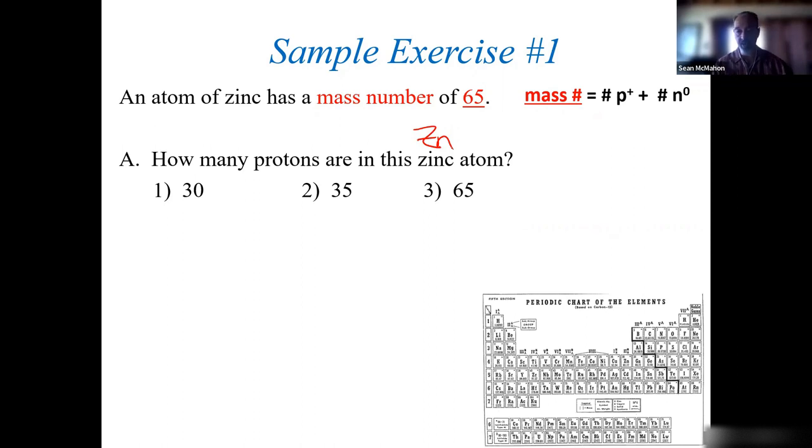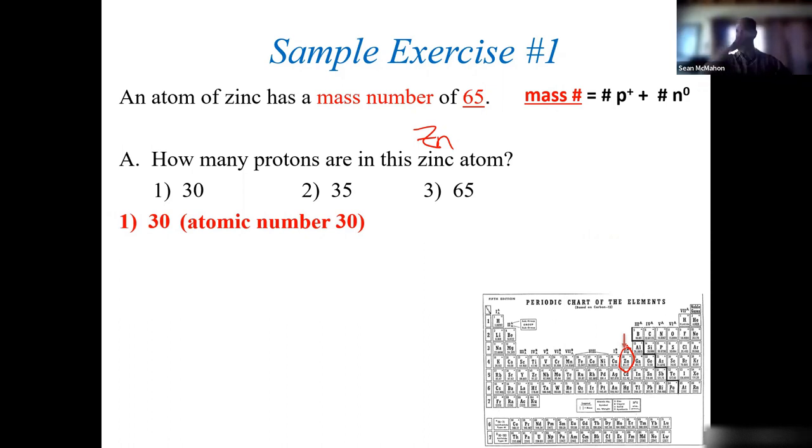So I take out the periodic table and I look and I'm like, oh, here's zinc. And the smaller number in that box is going to tell me the atomic number. And the atomic number is the same as the number of protons. So zinc has 30.